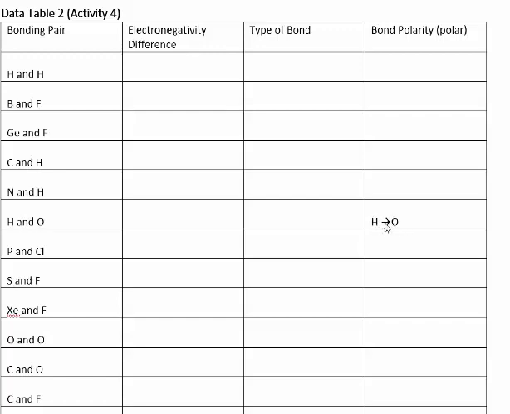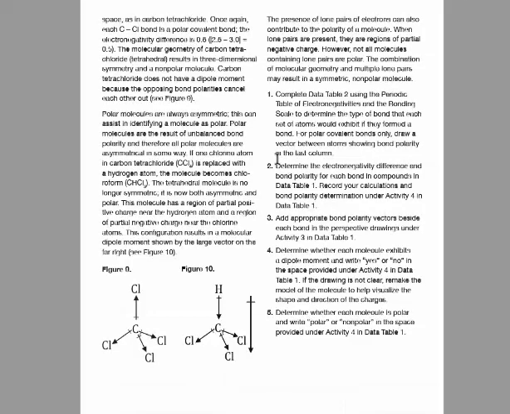That's what they mean by those vectors. So I know that hydrogen and oxygen is a polar bond. Oxygen has the higher electronegativity, and so the arrow is going to be pointed towards the atom that has the higher electronegativity.